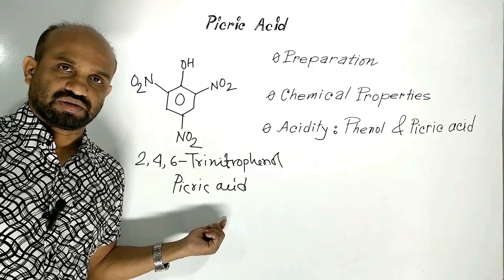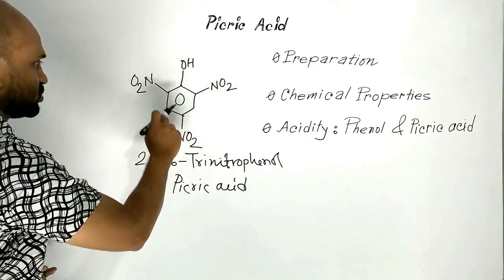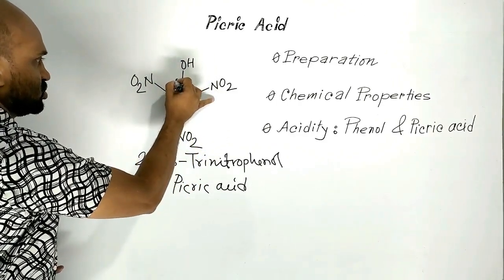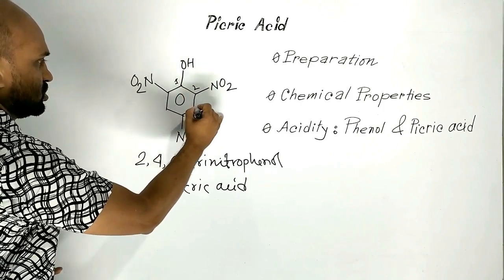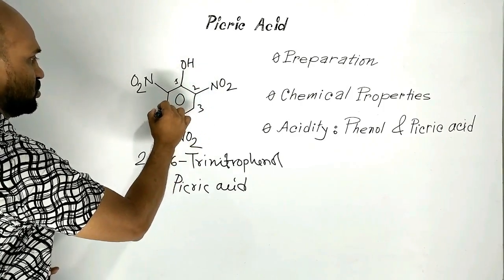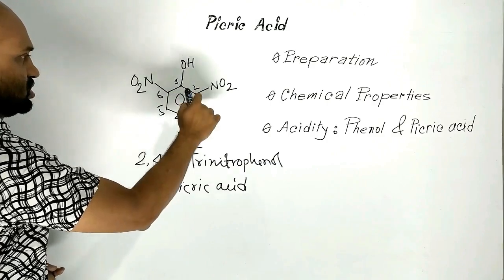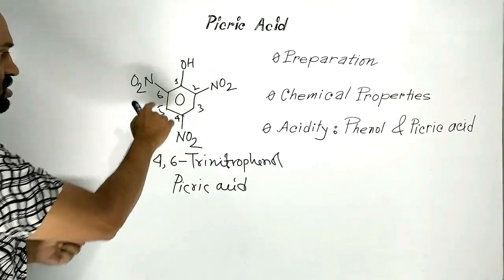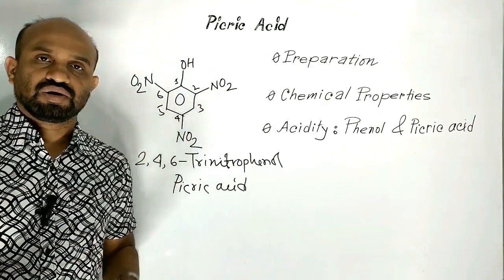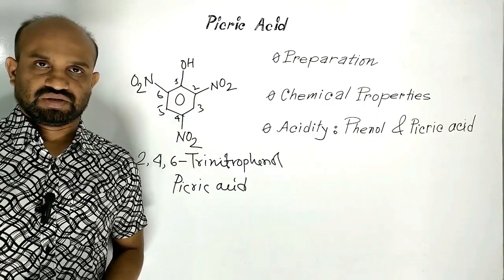This is picric acid. 2,4,6, this is 1, 2, 3, 4, 5, 6. 2,4,6-trinitrophenol is known as picric acid.